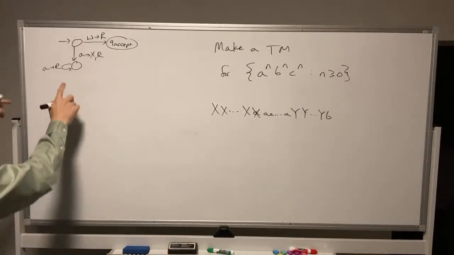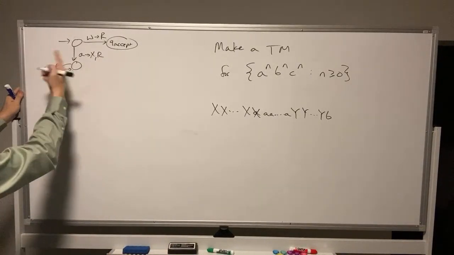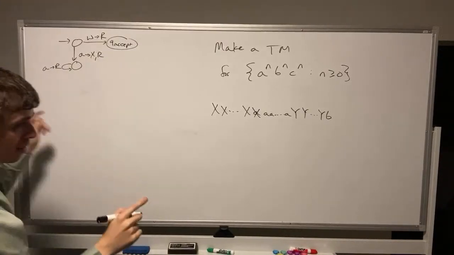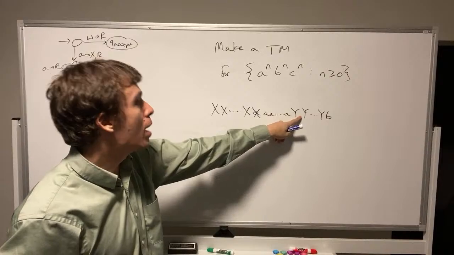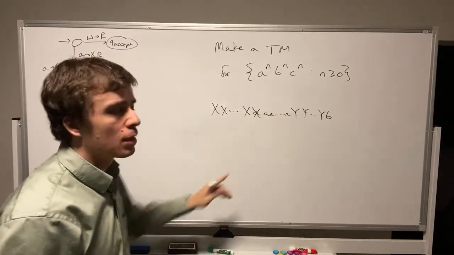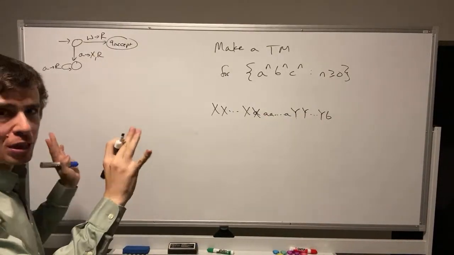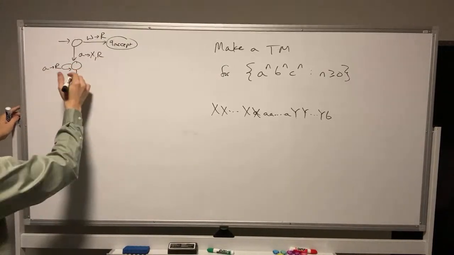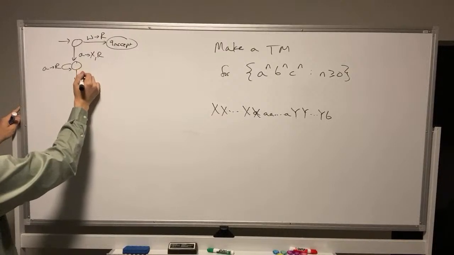So I skipped over the A's, but I should also skip over the Y's, but I need to have the Y's after the A's. Although some of the logic that we're going to do is going to preclude that from happening, I'm going to be safe and have them be separate transitions.